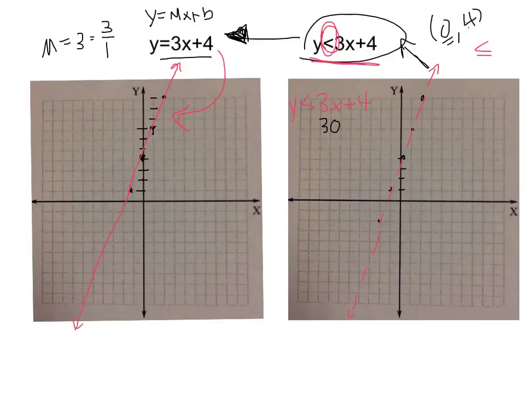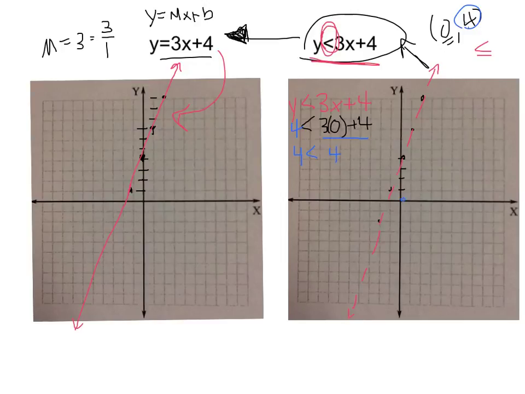So I now have 3 times 0 plus 4, all that would be greater than my y value of 4. So let's look, is 4 less than 4? No, it is not less than 4. It's equal to 4. 4 is equal to 4. And since this is 4 less than 4, not 4 less than or equal to 4, I need to have that dashed line.